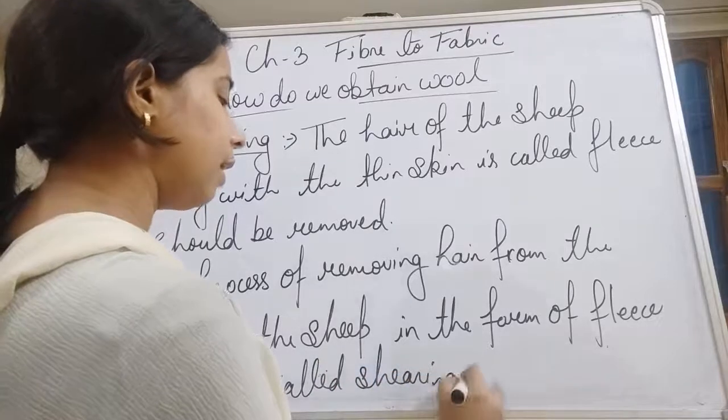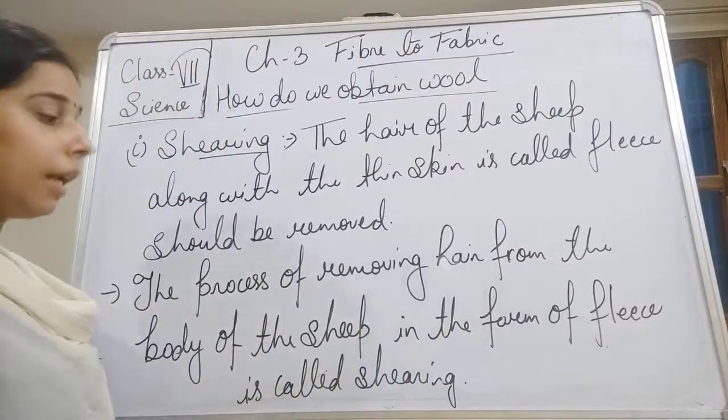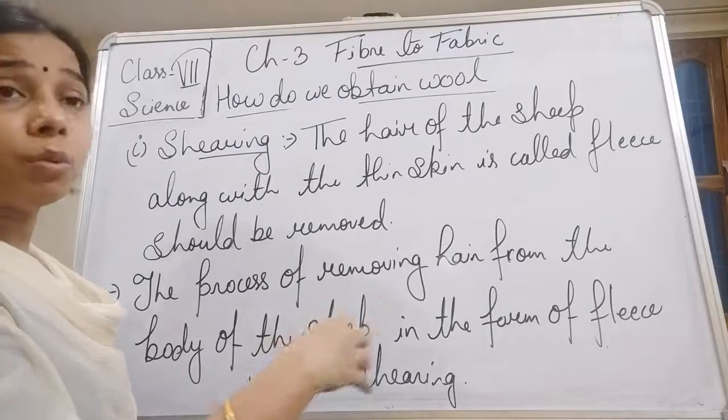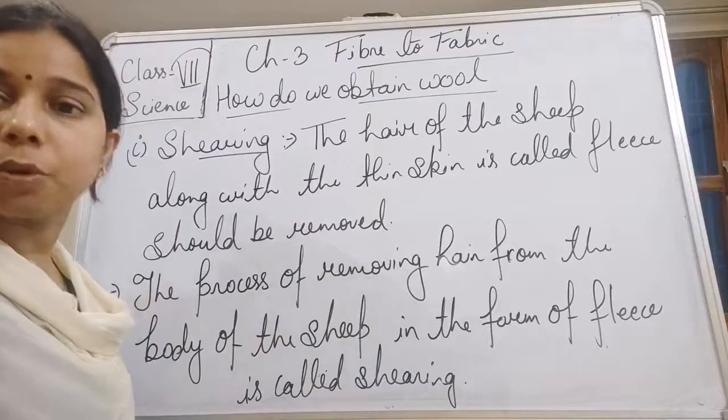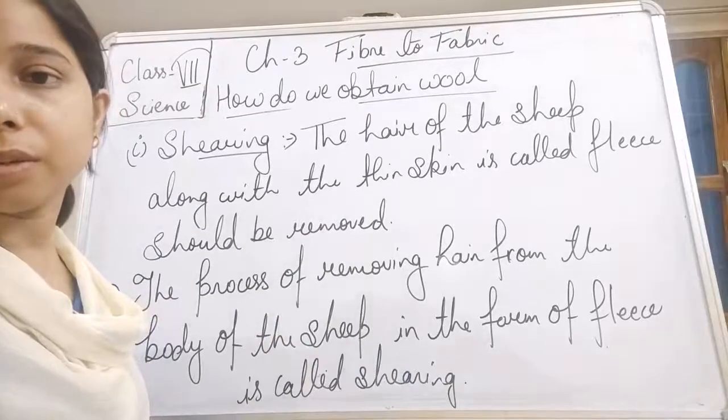Basically, shearing is a process in which we remove the hair of the sheep from its body. This process is called shearing, students.